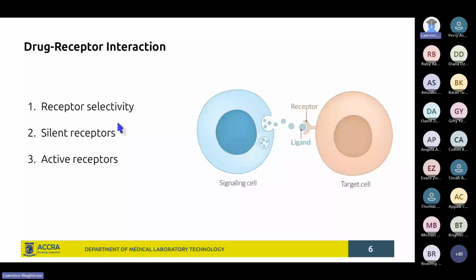Now we want to add two other things, which is to say that you can have what we refer to as silent receptors and active receptors. Silent receptors are those receptors that even when you have a ligand interacting with them, there will not be any effect.